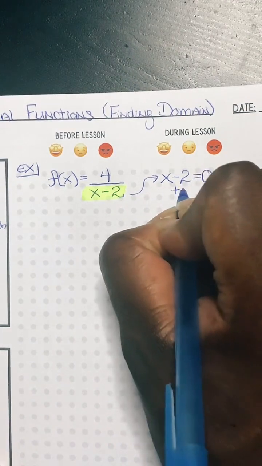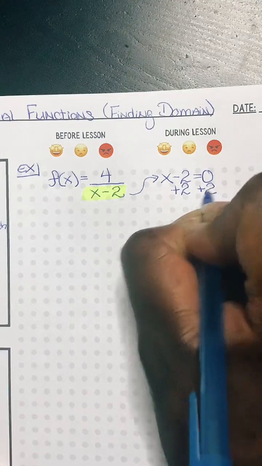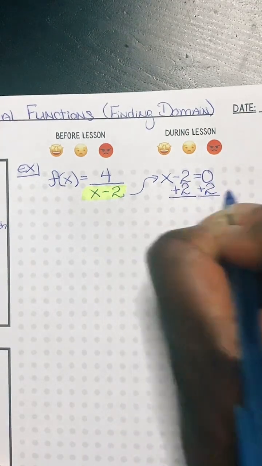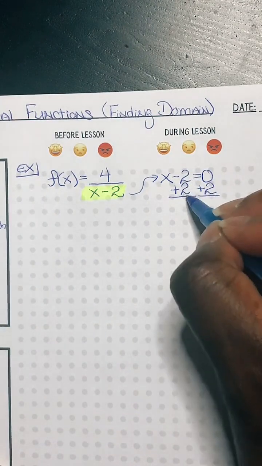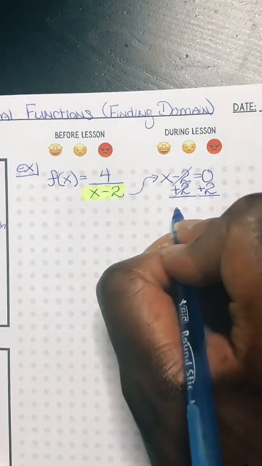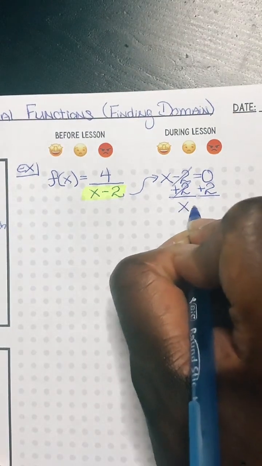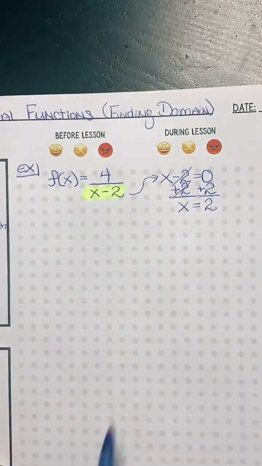Excellent, everyone. So I am going to add 2 to both sides because you always want to do the opposite, the inverse. If you have a minus 2, you want to add 2 so they can cancel out. So now I'm bringing down my x, I'm bringing down equals, and I'm seeing 2.